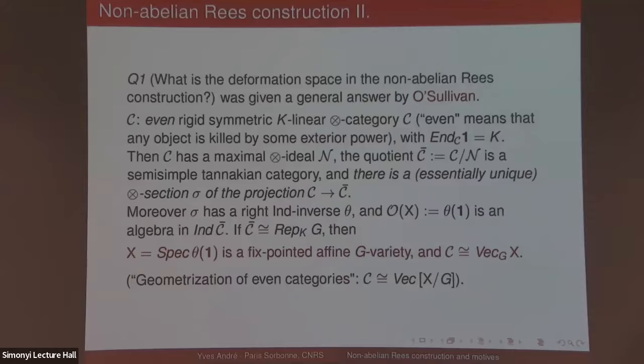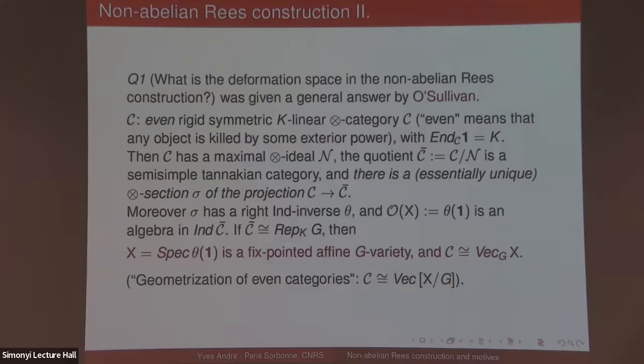This can be rewritten as: C is equivalent to the category of vector bundles on the quotient stack X divided by G.